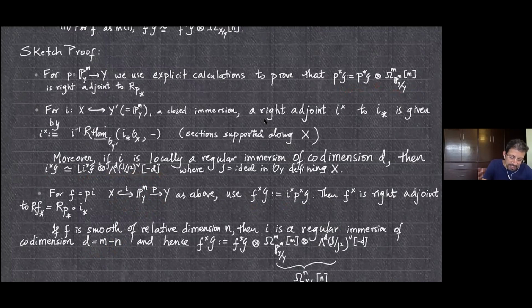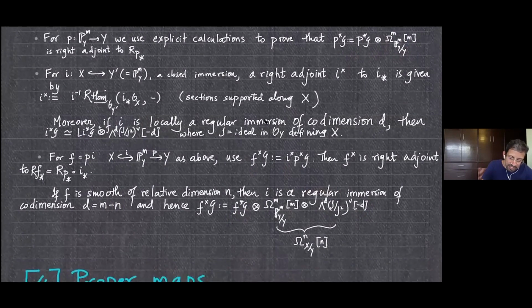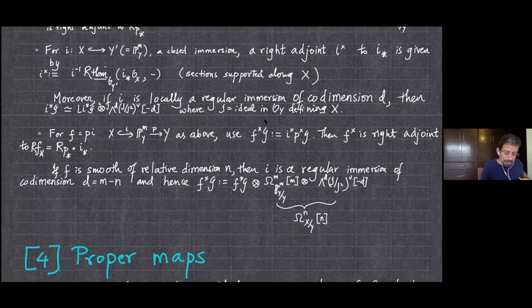So you put the two together, and what you get is f star, because you have p star and I star. You also have this tensored with this, so that's what I've put here, and it is easy to see that this is actually omega n x over y n. That is some kind of determinant coming from a sequence.